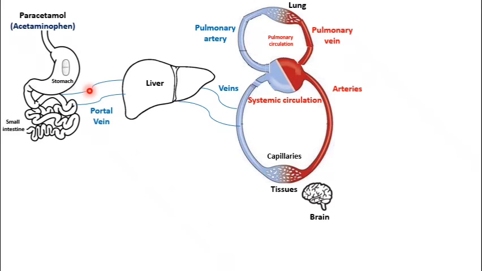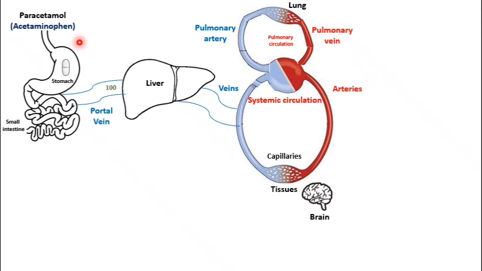But there is something that we should worry about here. The liver. Liver is the organ in which metabolism occurs. So our drug paracetamol passing through it is expected to be broken down. So not all the drug that passes here would get into here.